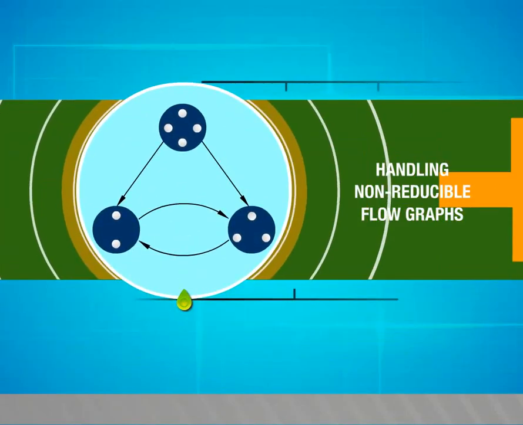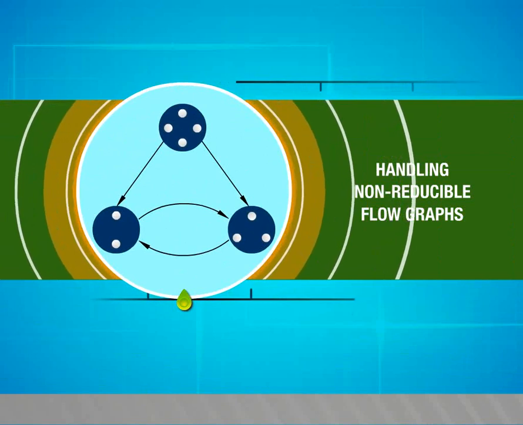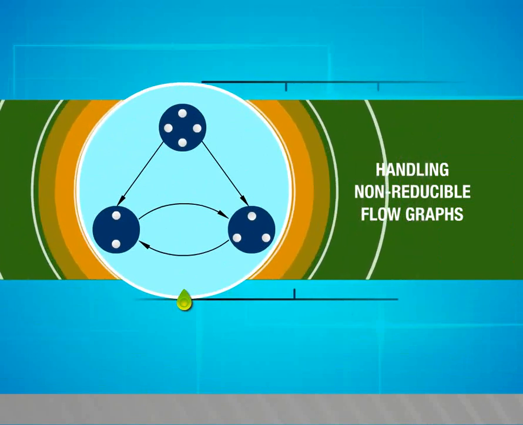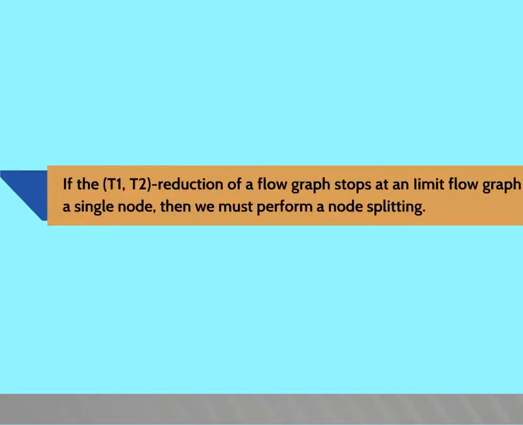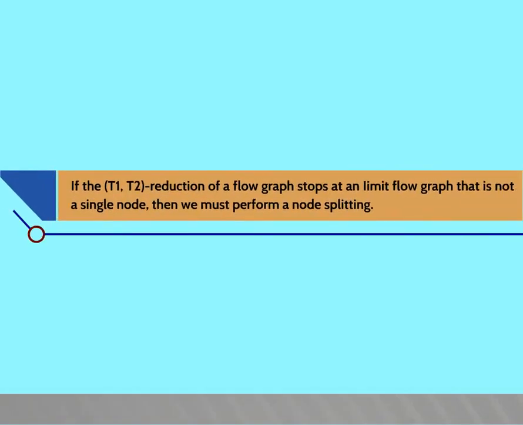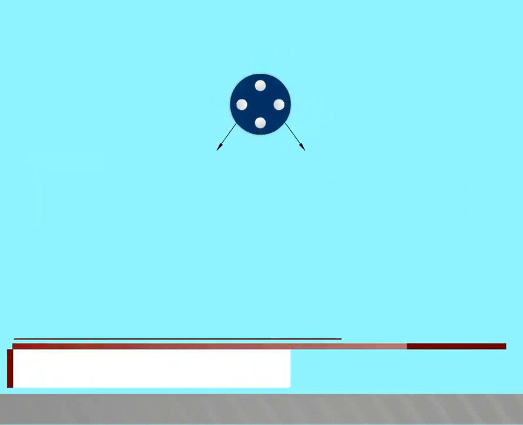Handling non-reducible flow graphs. In this video, we are going to see about handling non-reducible flow graphs. If the T1, T2 reduction of a flow graph stops at a limit flow graph that is not a single node, then we must perform node splitting.